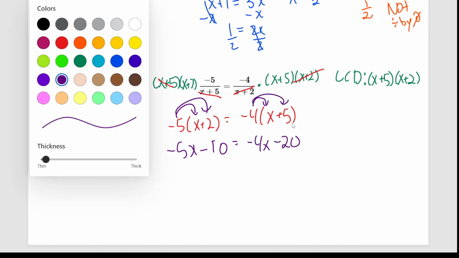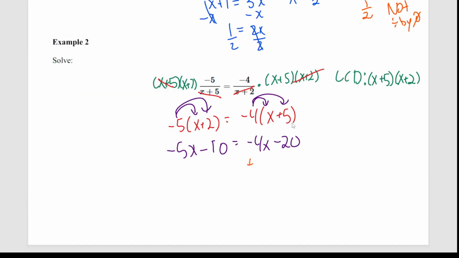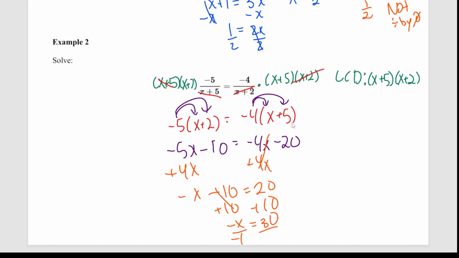Now I want to move all x's to one side, all constants to the other, so in particular I'm just going to choose to add 4x to both sides, so then I get negative x minus 10 is equal to 20. Then I want to add 10 to both sides, so I get negative x is equal to positive 30. Divide by negative 1, divide by negative 1. I'm going to get x is equal to negative 30 as my final solution.